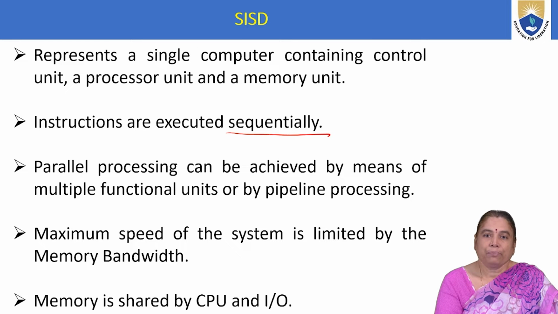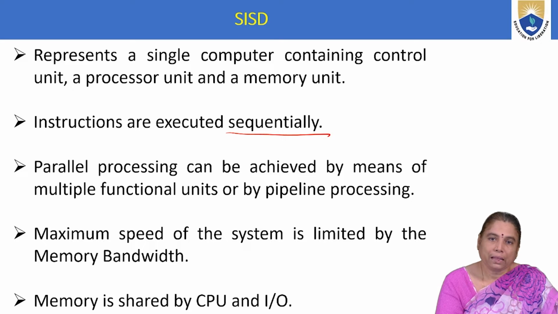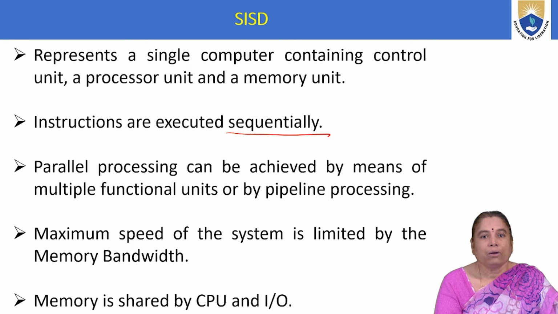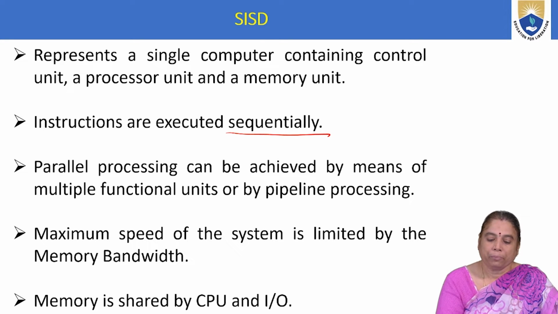Or with the help of the pipelining concept, parallel processing can be achieved in the SISD architecture. With the pipeline, the phases of an instruction, or the segments of the computational processing, can be overlapped and executed to solve the problem.